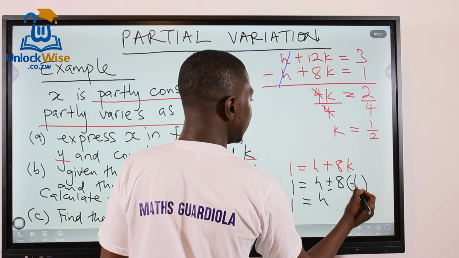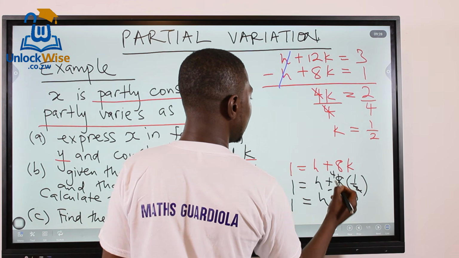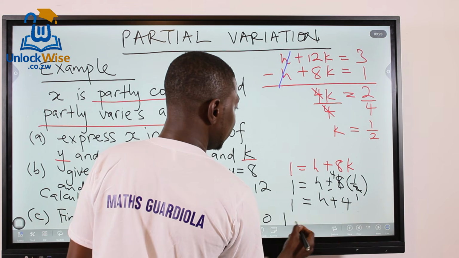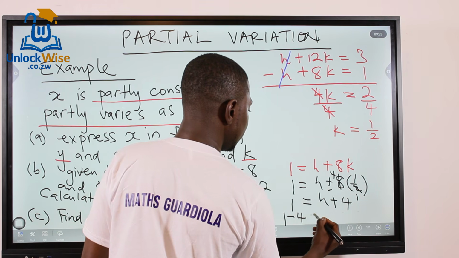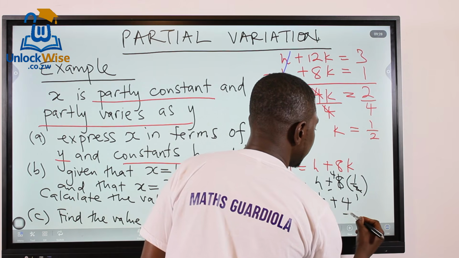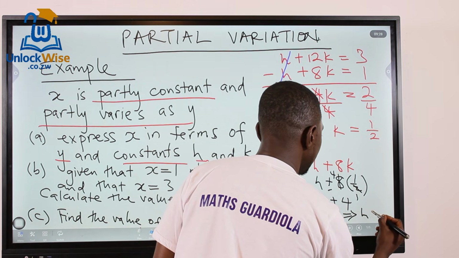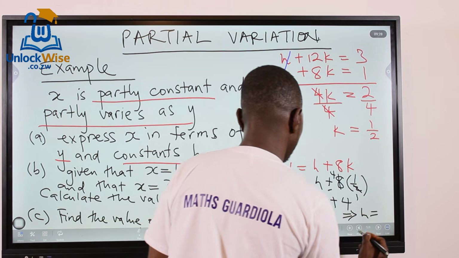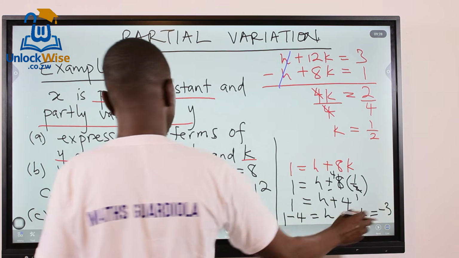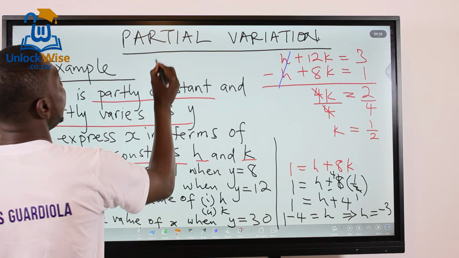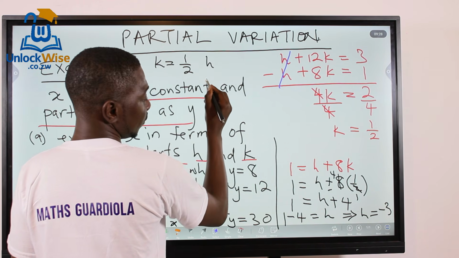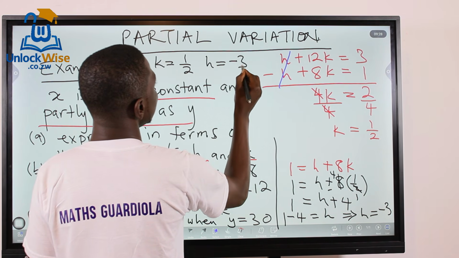Half of 8 is 4. So 1 minus 4 is equal to h. So my h is going to be minus 3. That's the value of h. So k is equal to half, and h is equal to minus 3.